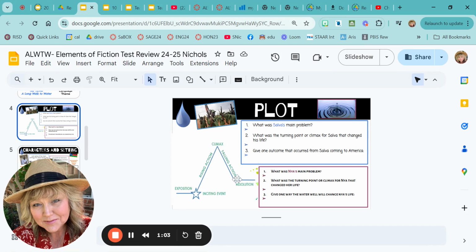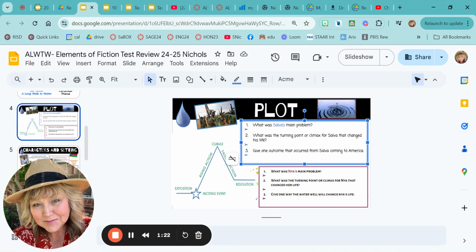the exposition, the rising action, the climax, the falling action, the resolution, all of the conflicts and the inciting events. It says, what was Salva's main problem? And so you'll just type this in, Salva's main problem, and you're going to think to yourself, what was his conflict? And typically the conflict happens at the beginning of the story.